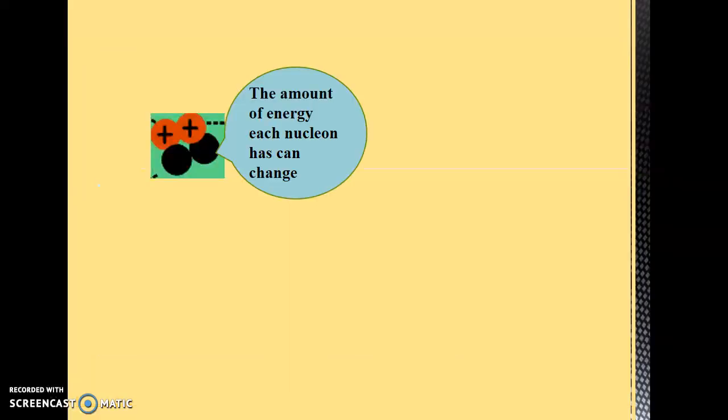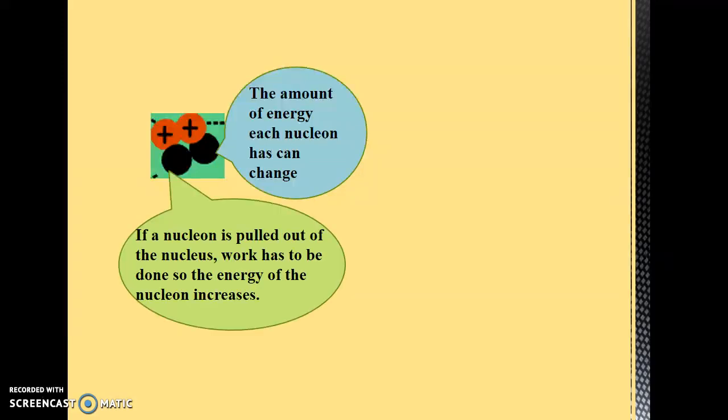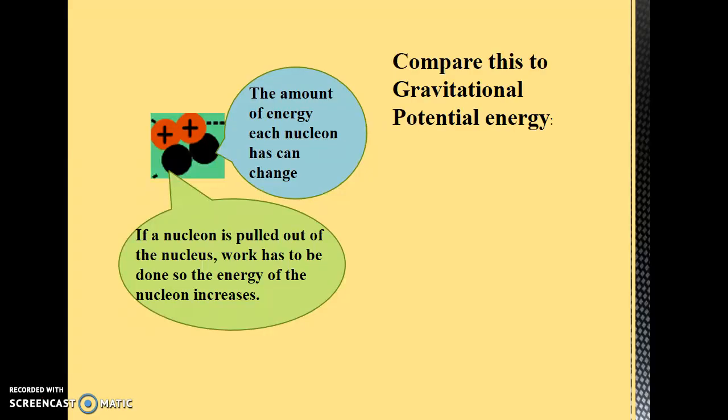So the amount of energy each nucleon has can change. One of the most important things: if a nucleon is pulled out of the nucleus, work has to be done, so the energy of the nucleon increases.